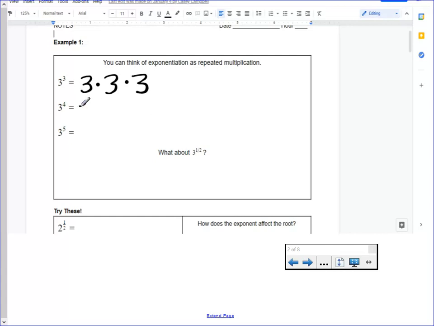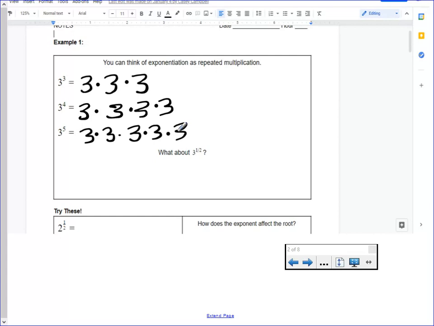So 3 to the 4th power would be 3 times 3 times 3 times 3 because there's going to be 4 of them multiplied. So 3 to the 5th power would be 3 times 3 times 3 times 3 times 3. That's the 8th grade standard. You have to know what exponents mean. You have to know that they mean repeated multiplication.